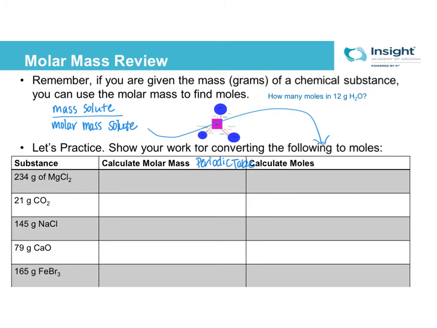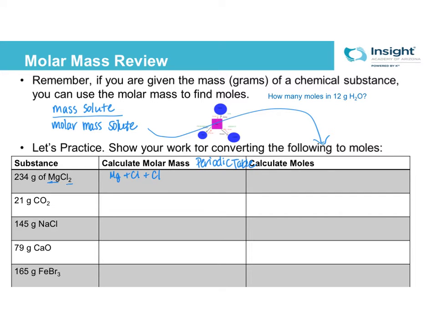So magnesium and chlorine, we can look up their masses on the periodic table. To figure out the molar mass of magnesium chloride, you need to combine the mass of 1 magnesium and 2 chlorines, because that's what's in our formula.